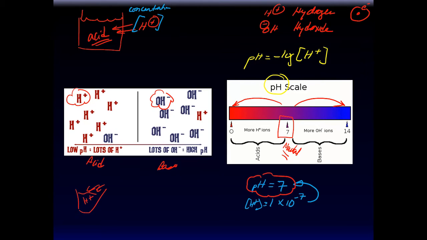So a very basic understanding of acid-base is that an acid is a substance that has lots of hydrogen ions, and a base is a substance that has a lot of hydroxide ions. The more hydrogen ions there are, the lower the pH, and the more hydroxide ions there are, the higher the pH. A pH of 7 is neutral.